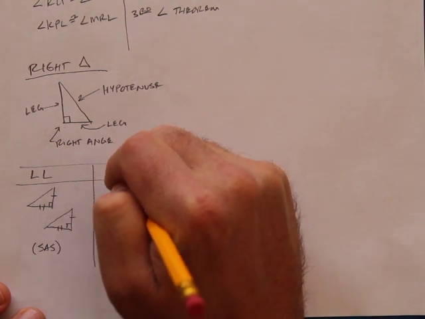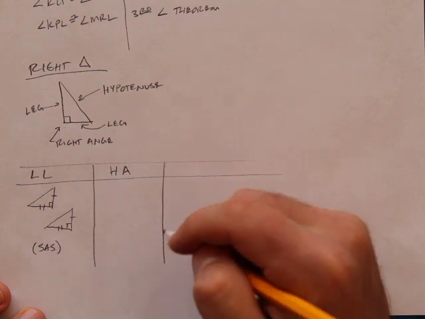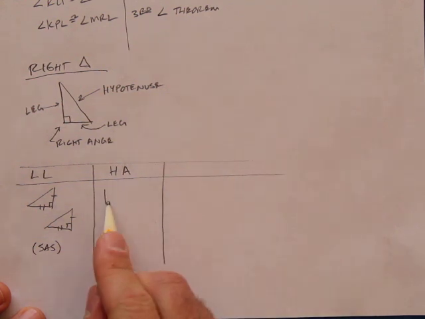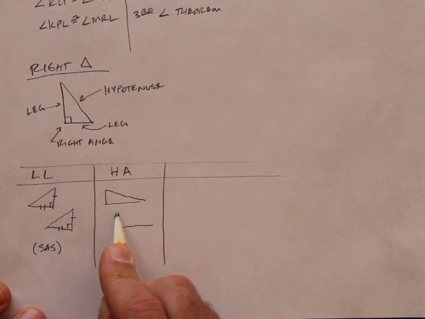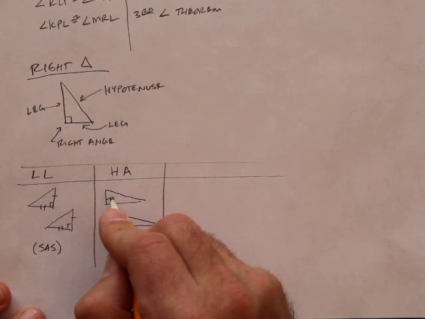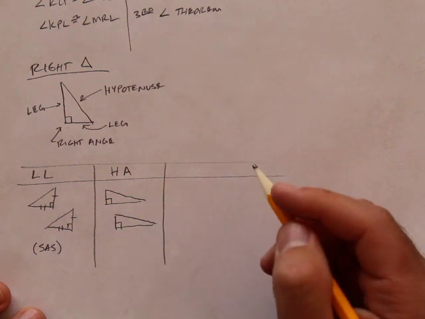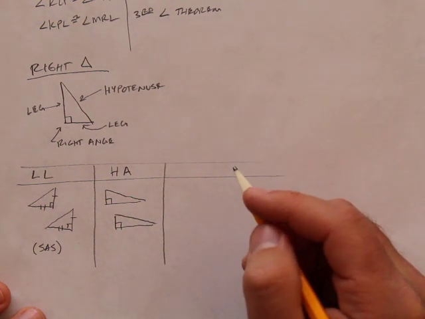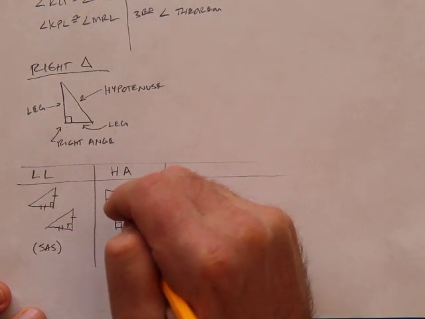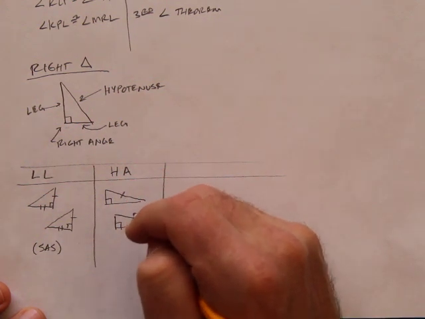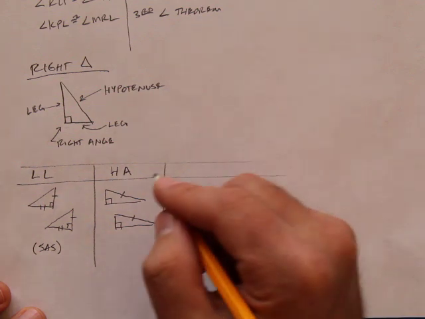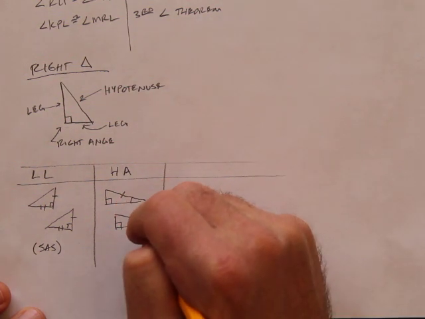Now, hypotenuse, angle. If I were to draw my two right triangles, I've got this one and that angle, those are my right angles. And then I have the hypotenuse, where the hypotenuses are congruent, and then I've got an angle here.